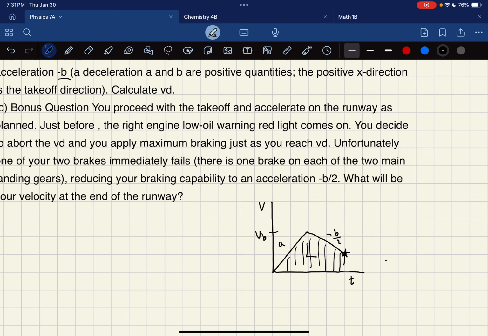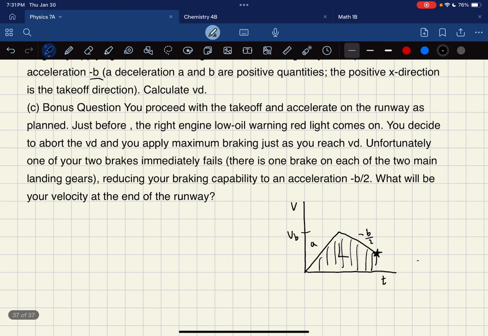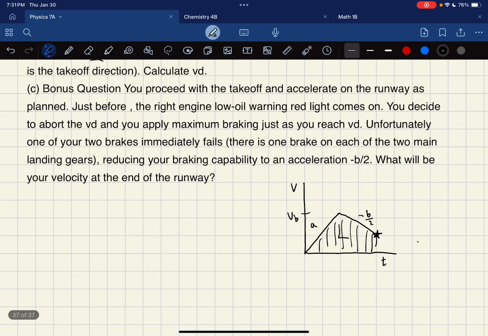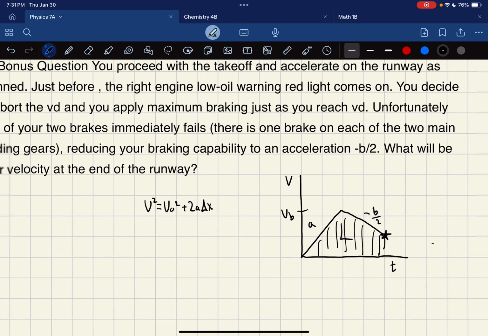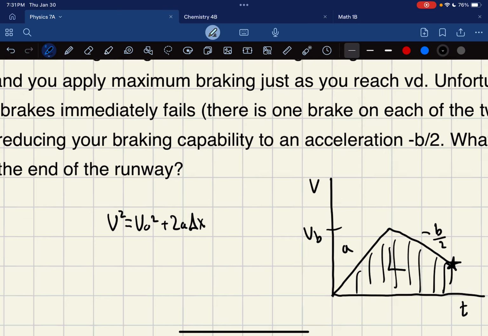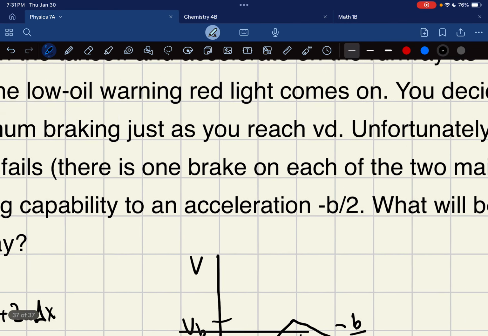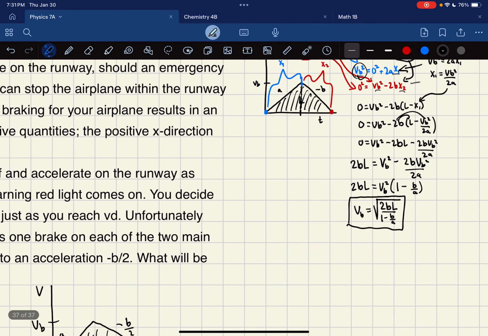Like problem B, we are not given a time, so we have to use the best kinematic equation, which is v squared equals v0 squared plus 2a delta x. I'm going to assume that we are allowed to use VD as a variable, because we've already solved for it in the other problem.